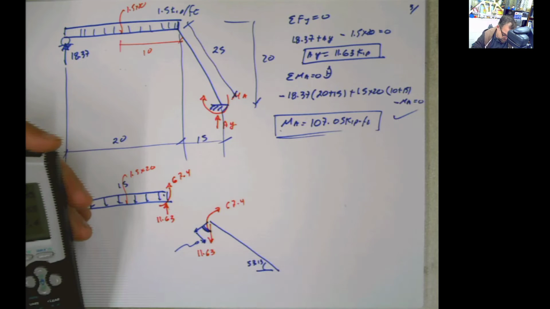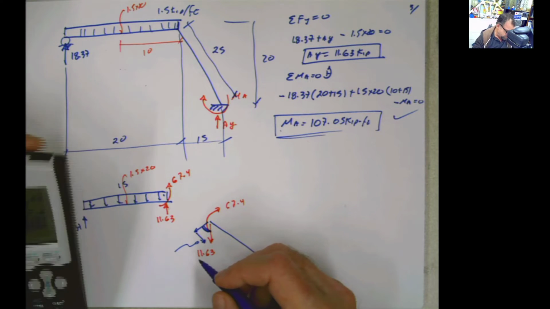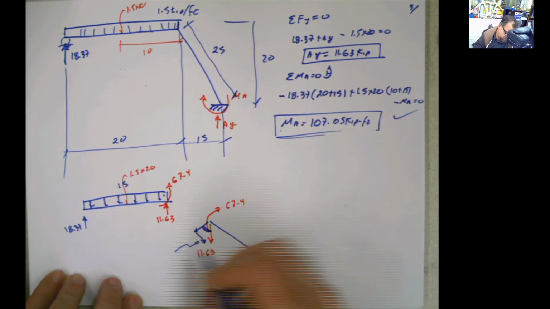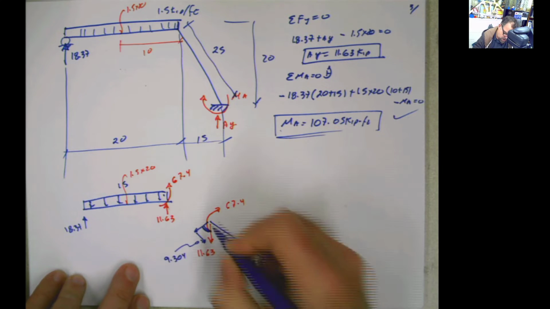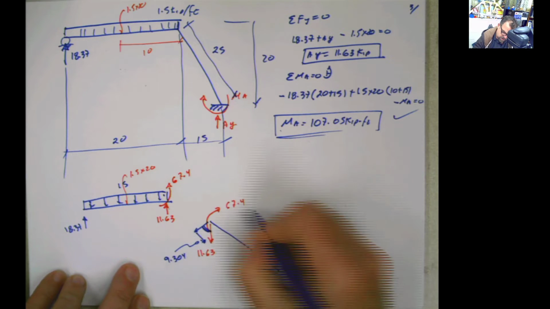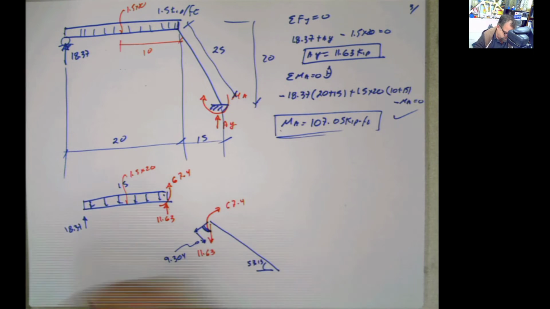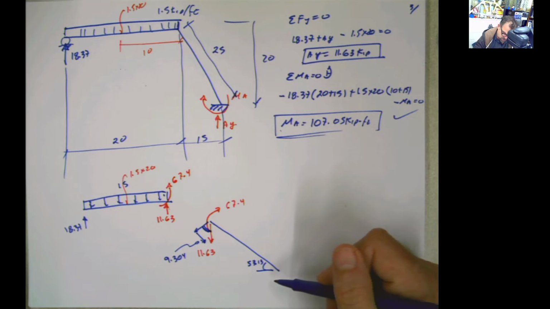So that one is 11.63 times sine 53.13, that's 9.304, and this one here is going to be 11.63 times cosine of 53.13, and cosine of 53.13 is 0.6.